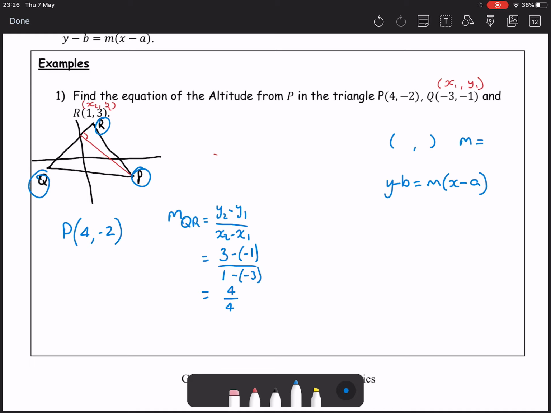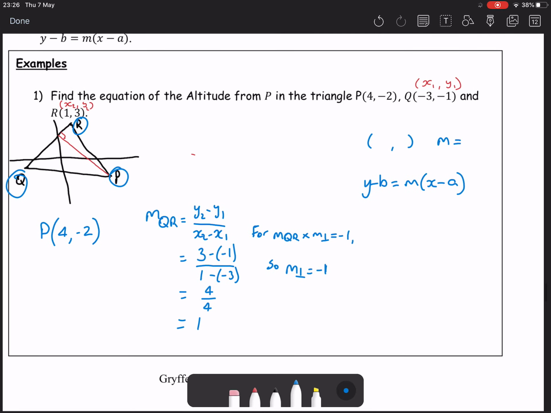Four over 4 is equal to 1. So for our perpendicular lines, we have m QR times m perpendicular must equal -1. So m perpendicular equals -1 itself.